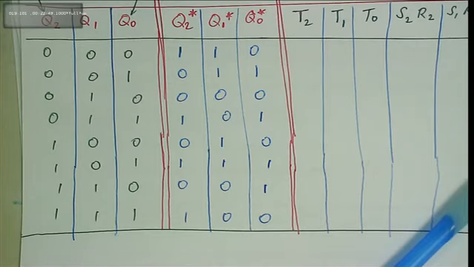We have our current state, we have our next state, and we want to find out what the input into the flip-flop should be, which will make it flip from, let's say, 0 to 1.